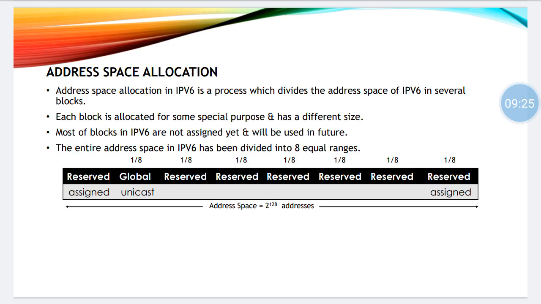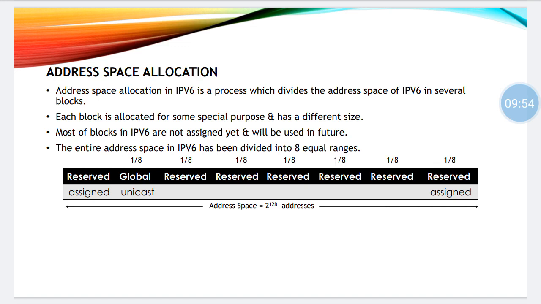Address space allocation in IPv6 is a process which divides the address space of IPv6 into several blocks, as you can see in the diagram. Each block is allocated for some special purpose and has a different size. For example, it has reserved, it has global, it has unicast address, and so on.